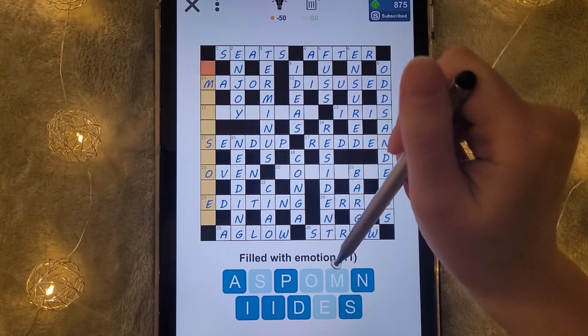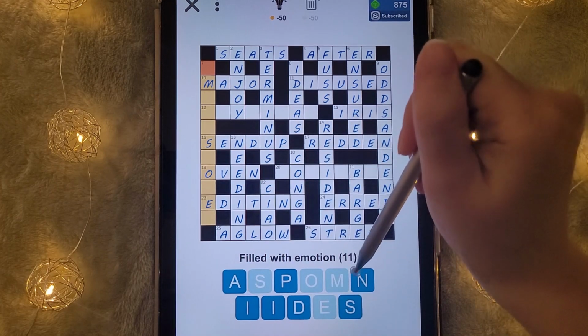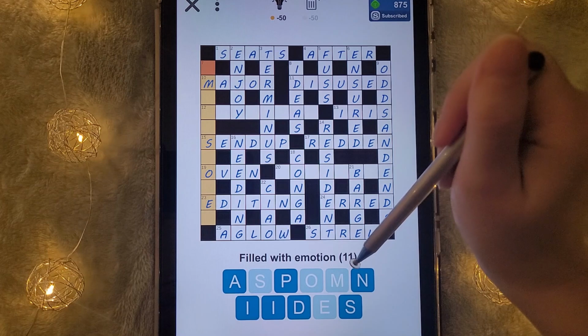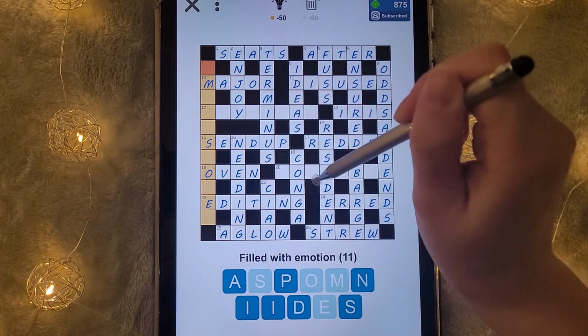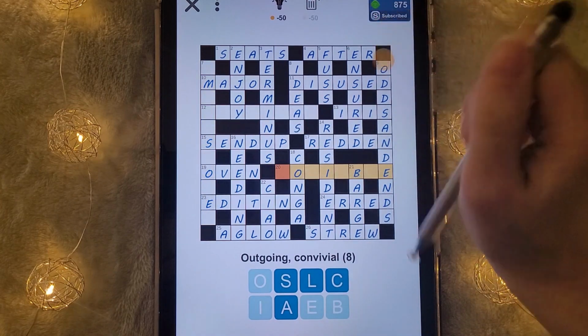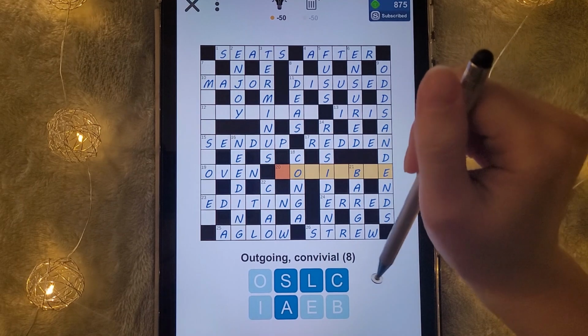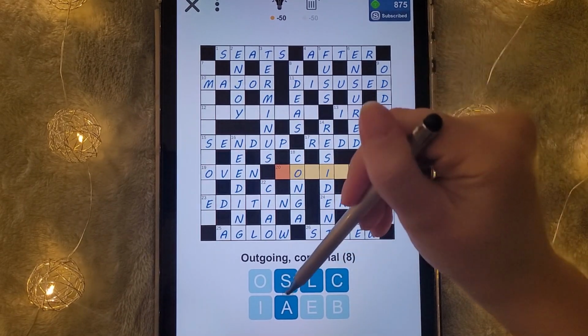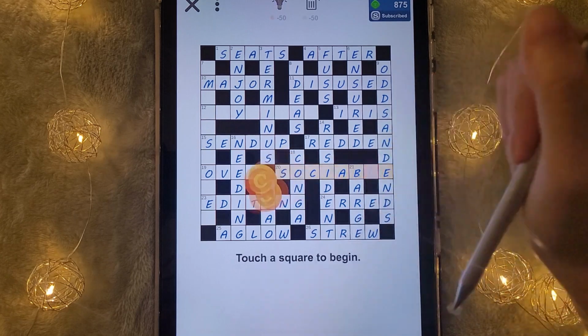Filled with emotion. These are the letters that didn't really help us very much because there are 11 letters for this one. I don't know. Let's do this one. Take the hint. Outgoing or convivial. Oh, sociable. Silly. Okay.